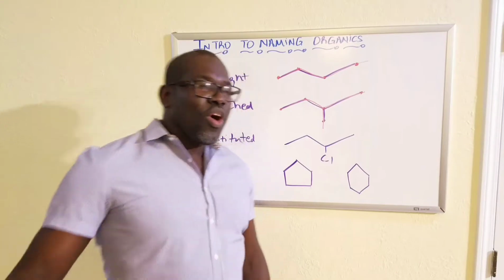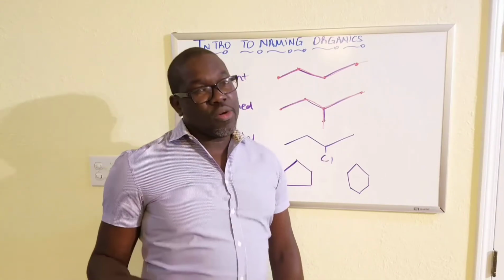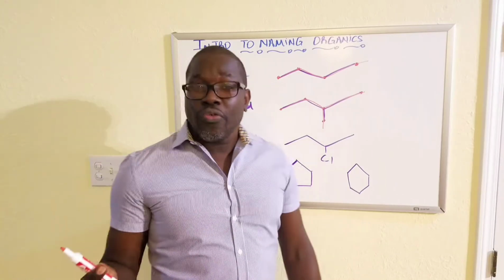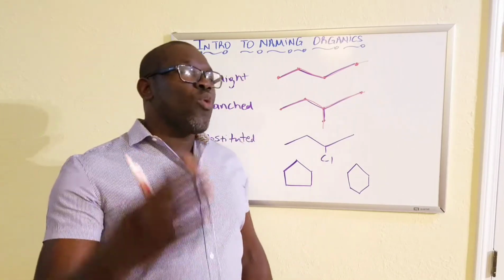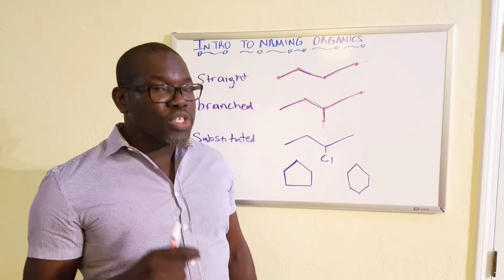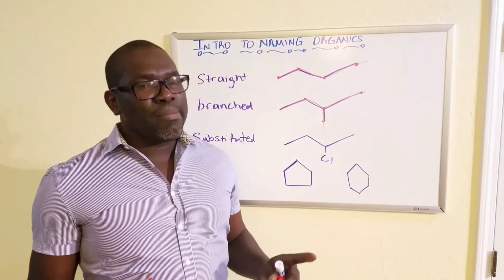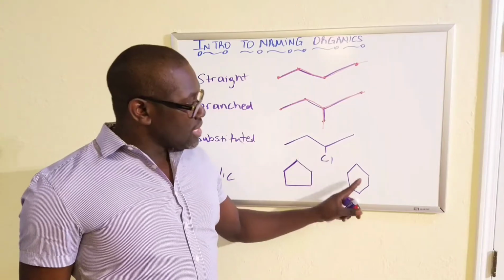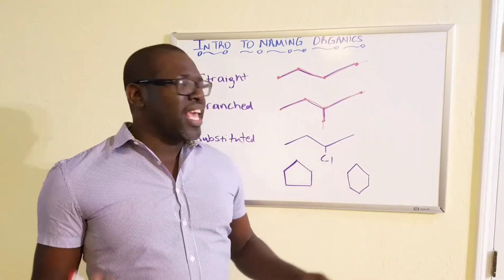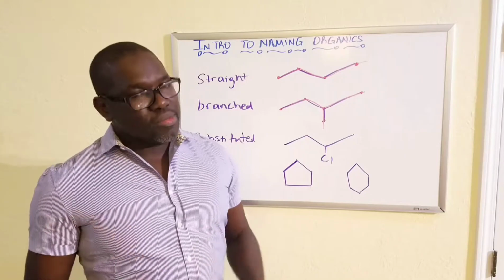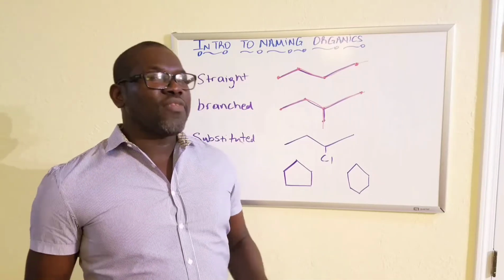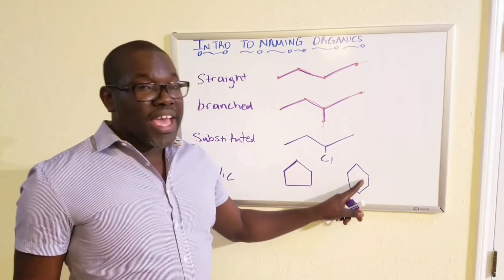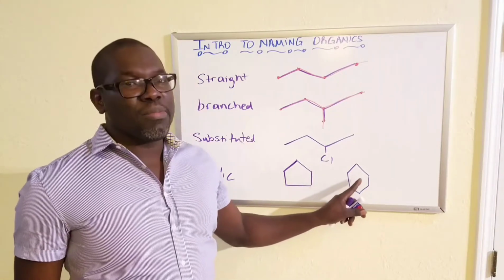Alright, so now our final type of organic compound are cyclic compounds. Now I've drawn two for you here because what I want you to recognize is that most organic compounds, because of stability issues, are either going to be 5-membered rings or 6-membered rings. You may see 8-membered rings and some 7-membered rings, but more often than not, what you're going to see are 5-membered and 6-membered rings.